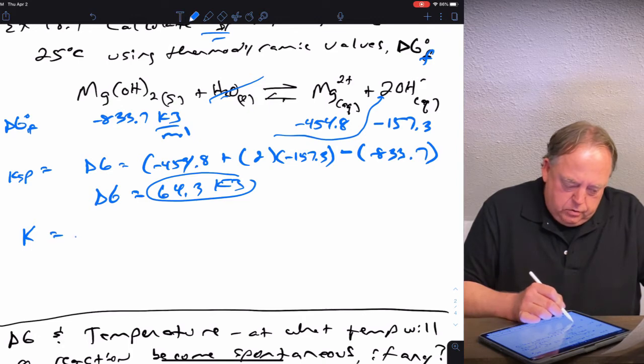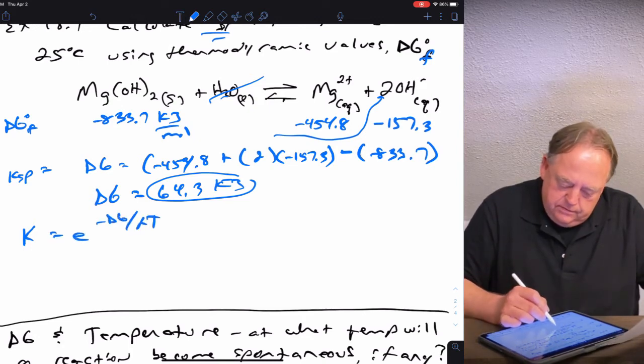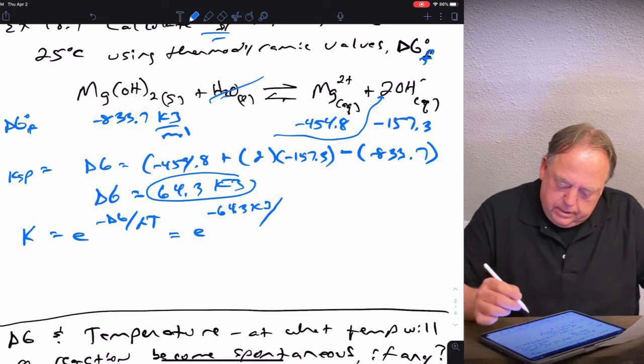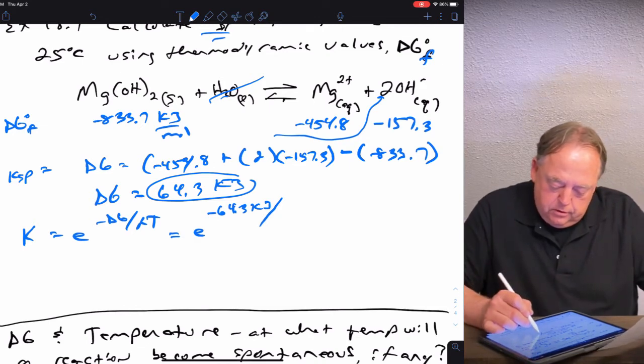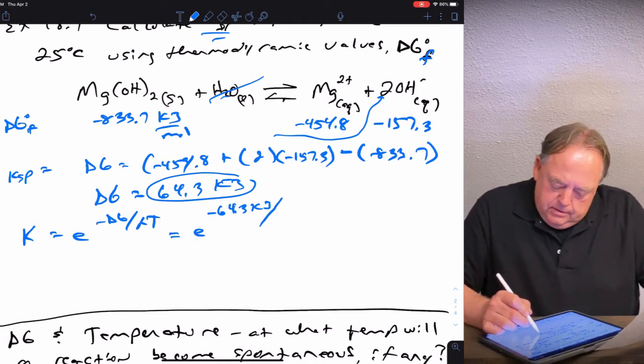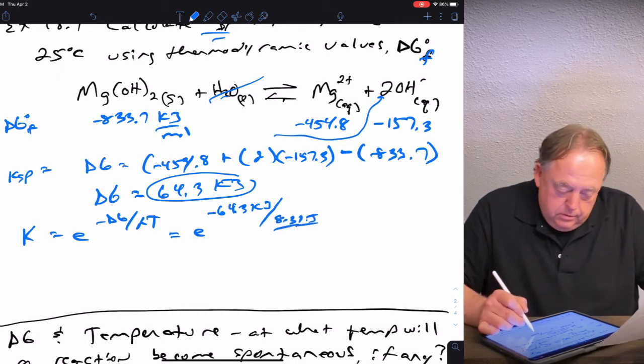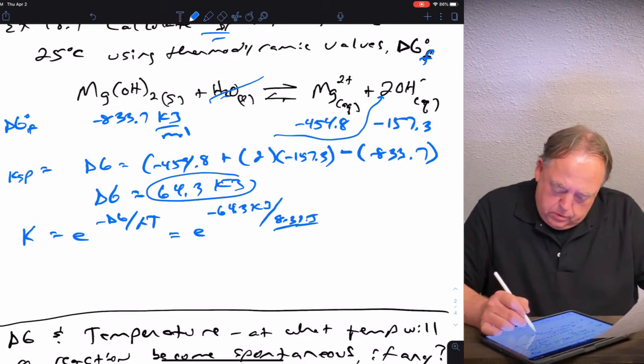Okay, so K then is equal to e to the negative delta G over RT. So just plug in and solve. So negative 64.3 kilojoules over 8.31 joules per mole Kelvin.